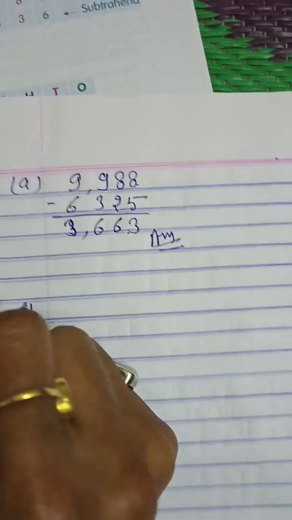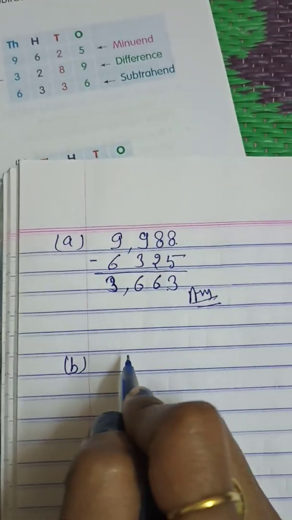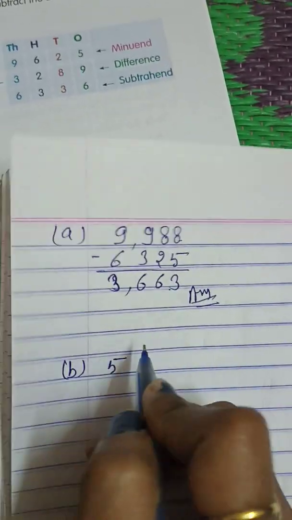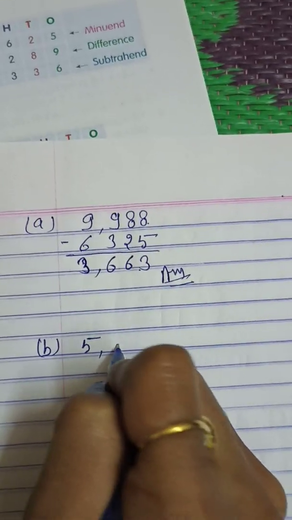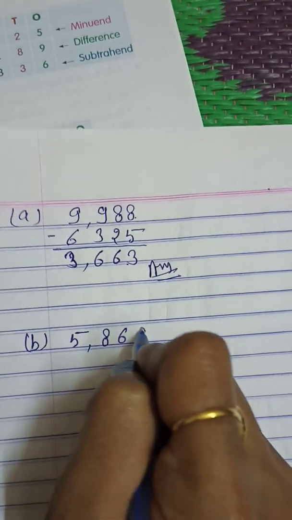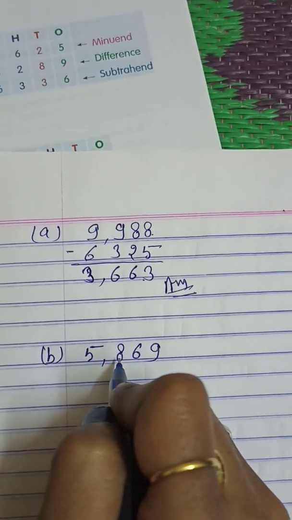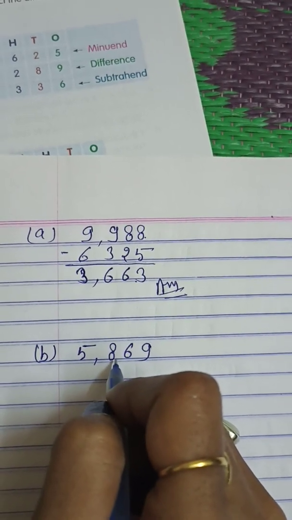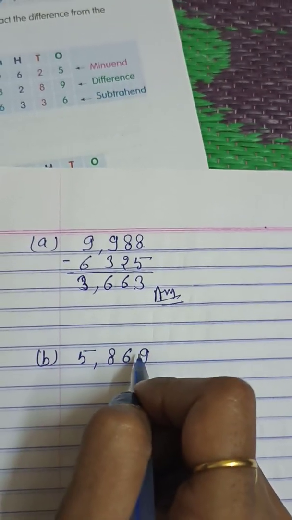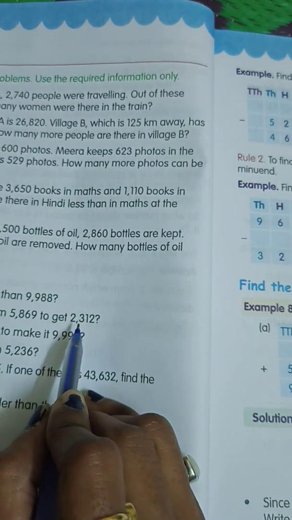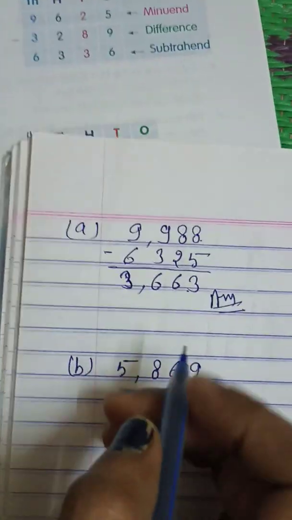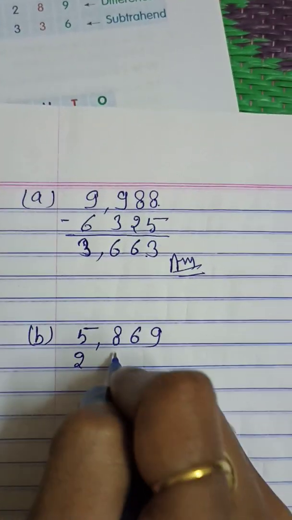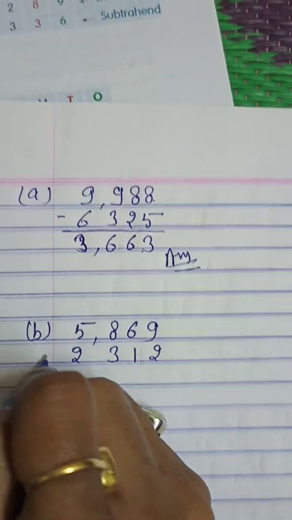So here, question B, first we have to write our number. This is the number, and what we subtract from this, we get this number. So we have to minus this number from this number. Minus it.